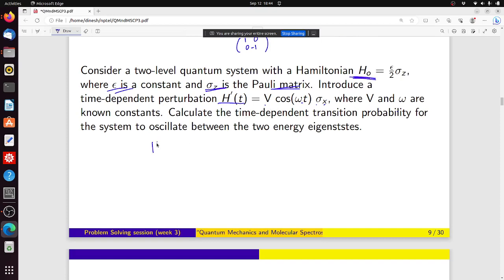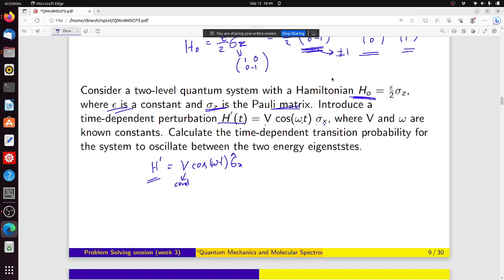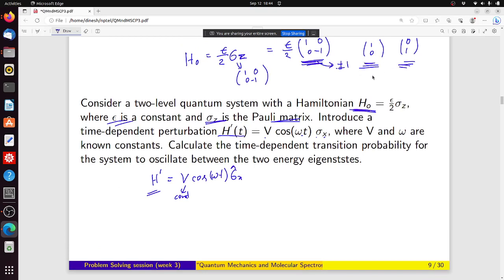Now this perturbation is given as V cos omega t sigma x, where V is constant. So we have H prime and we have states. Let's consider this as the 0th state and this one as the first state. There are two states, and our perturbation is like this. Let me substitute sigma x also.